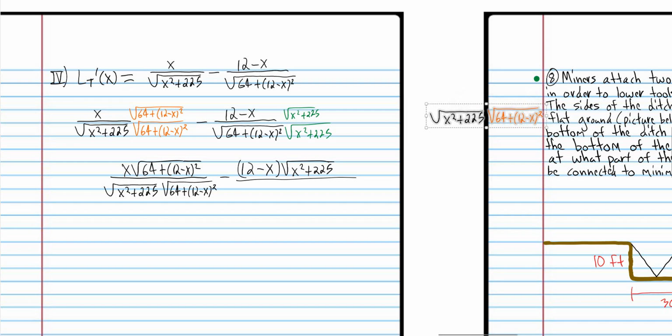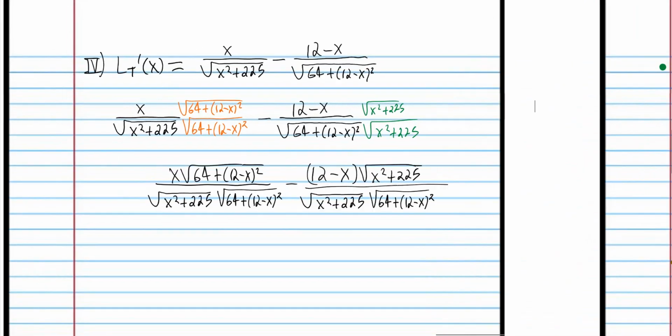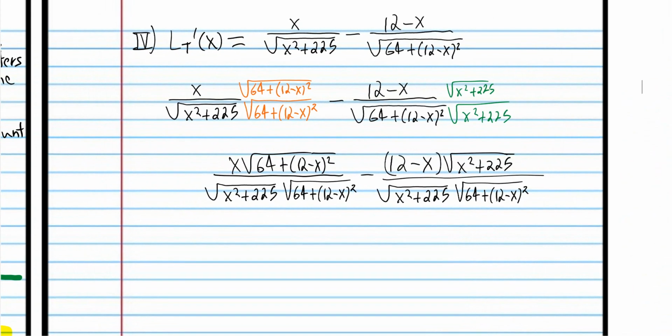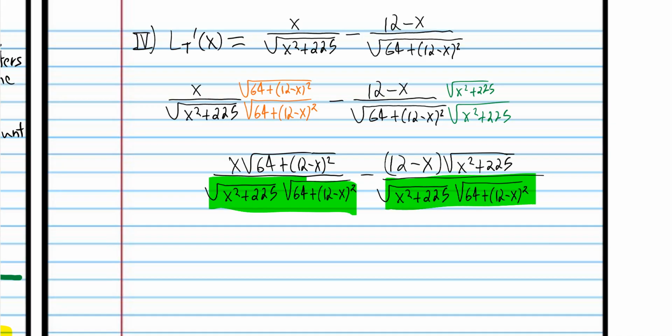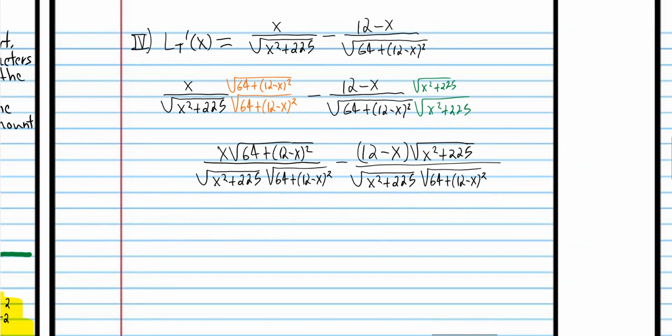And we have the same denominator over here. So look over that and make sure you agree with the logic behind that. We now have a common denominator. You see this green denominator in both the fractions? It's a common denominator. So also I probably should use purple parentheses here, or else that's not technically correct. Okay, so let's look over this. Make sure we have everything right.